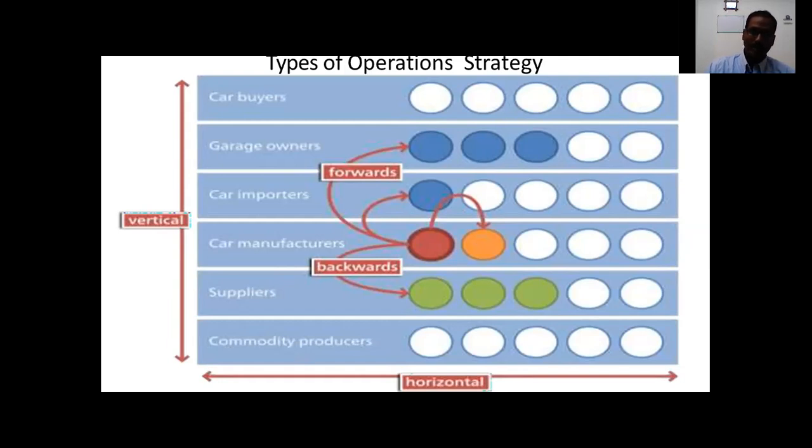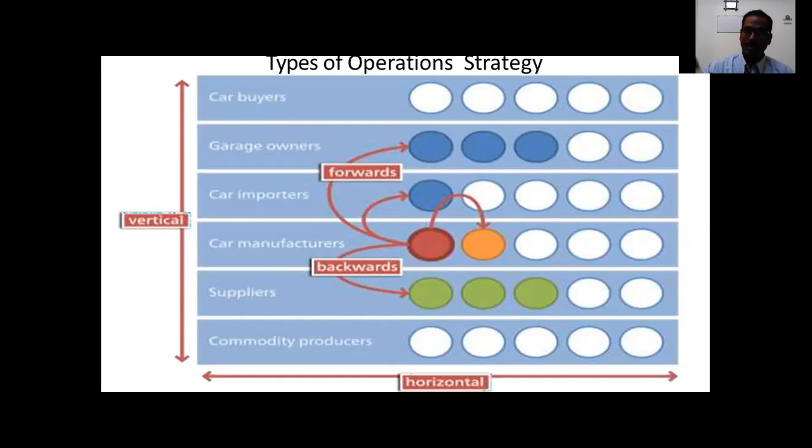So here, a business is going one step backward. They are manufacturers of a car, and they become their own supplier. That is called backward integration. This is all vertical integration. When they go backward, it's called backward vertical integration, or backward integration. And the car manufacturer becomes their own car importer.